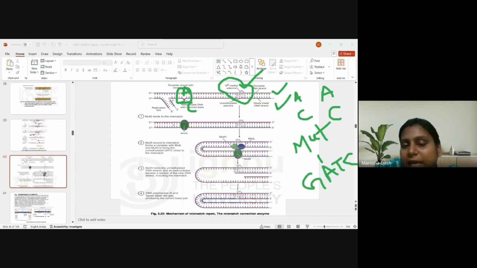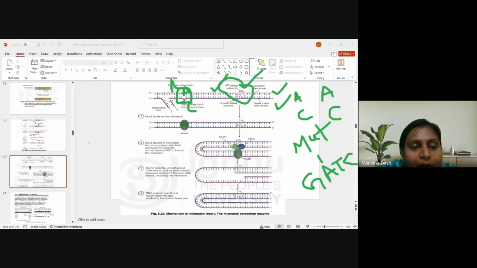Maybe A is wrong, so it should be G instead of A, or A is correct and it should be T in place of C. So how will you identify which one is correct? You should know that in whichever strand the methylated GATC is there, that is the correct base. Here, as we are assuming A is present, A is the correct base. Okay. So next step is what?